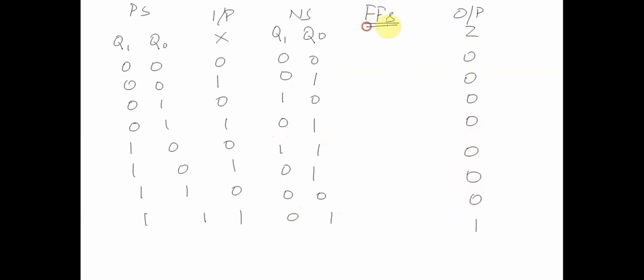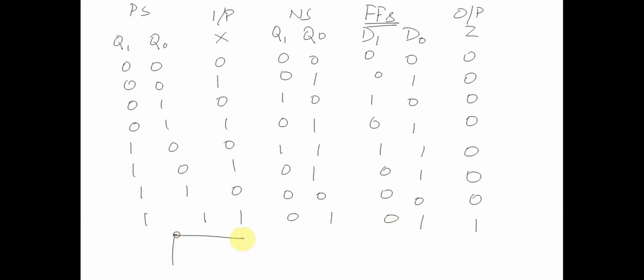If I have used a D flip-flop, let's call it D1, let's call it D0. If my present state is this, next state is this, right? We know that next state in a D flip-flop is equal to D. So basically I can simply copy over this next state over here. So this will be 0 0 0 1 1 0 0 1 1 1 0 1 0 0 0 1.